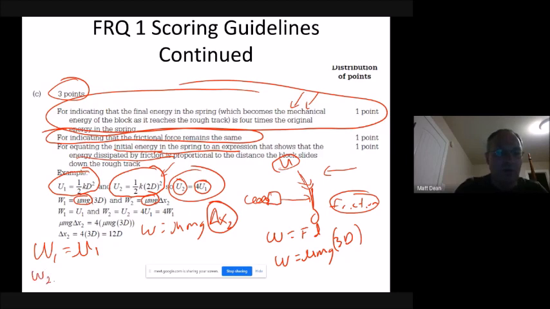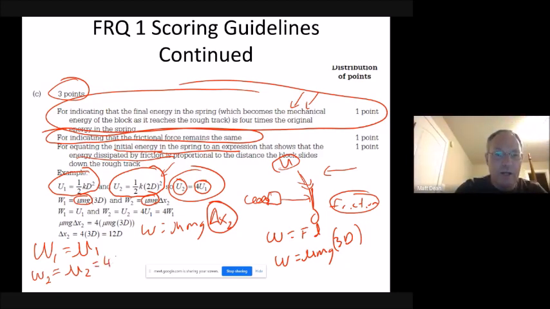The work when the block is in position 2 is equal to the initial potential energy of the block in position 2. But remember, that was equal to 4 times what it was in position 1. That's where this comes from. That was also equal to 4 times the work. So you got to do a little creative math here.